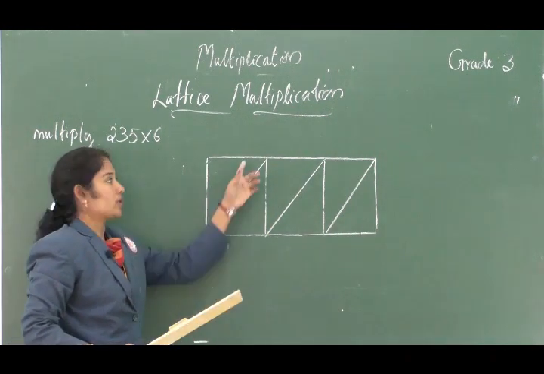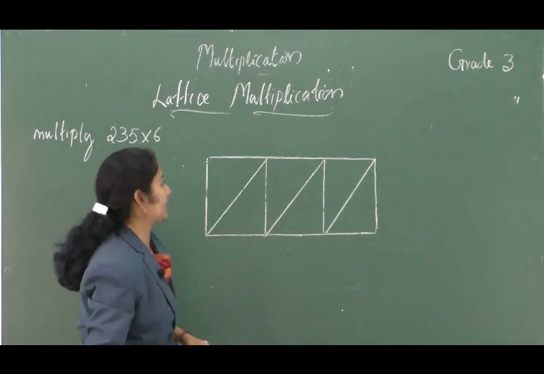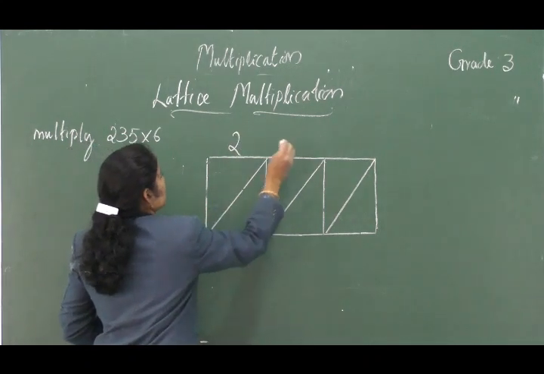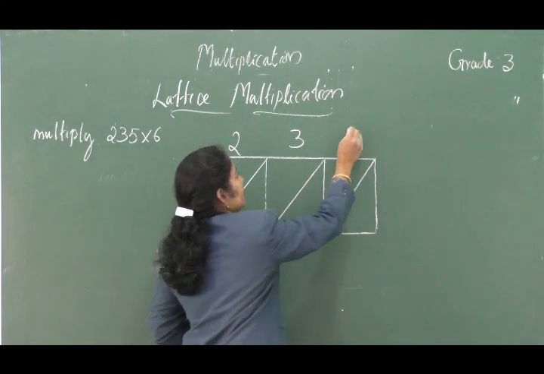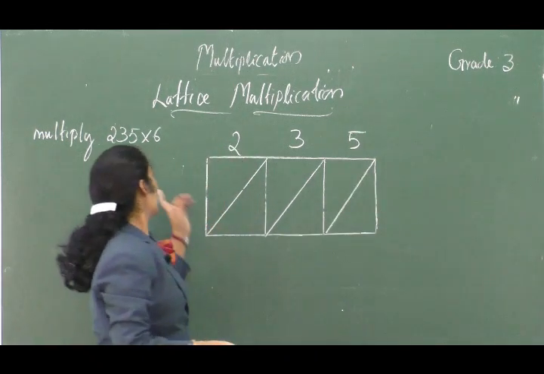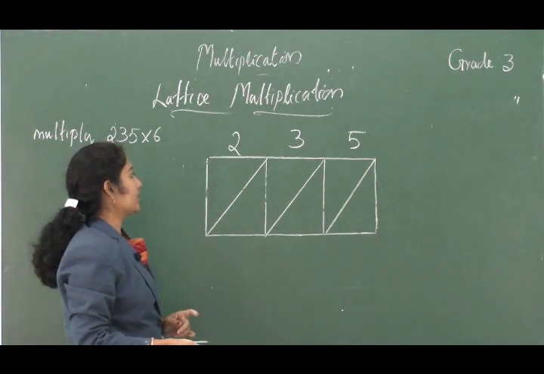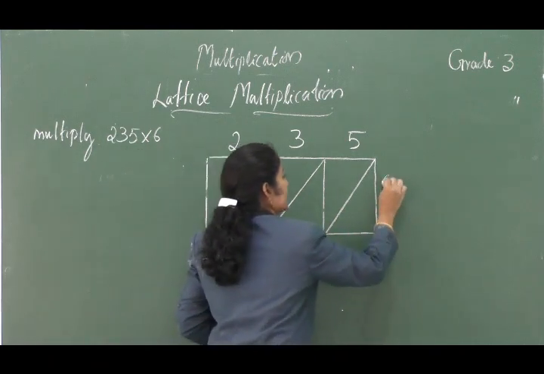We can write the multiplicand, 235, on the top, and we can write 6 at the side of the row.